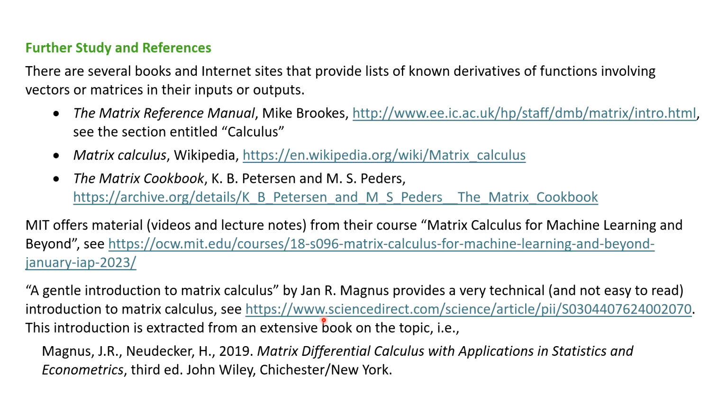And then this paper, in turn, is based on a book by Magnus and another person, Neudecker. And the book is even more complex than the paper. But if you really wanted the full story, I would go to this book. It's hundreds of pages long, but it has extreme detail about matrix differential calculus.